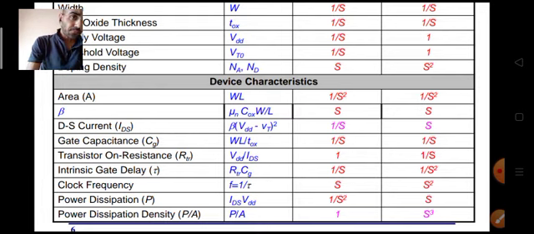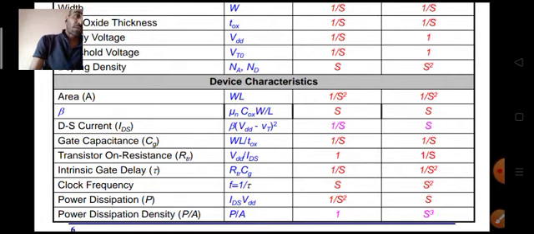So you see the power density remains unchanged after scaling for constant field scaling, whereas the power dissipation density is multiplied by the factor of s cube for constant voltage scaling.